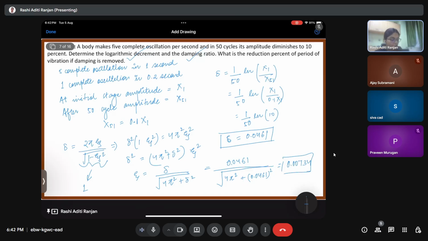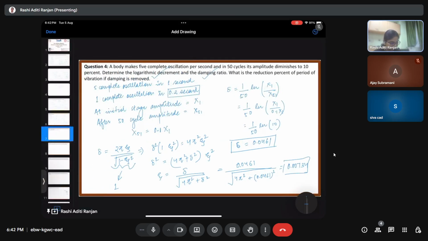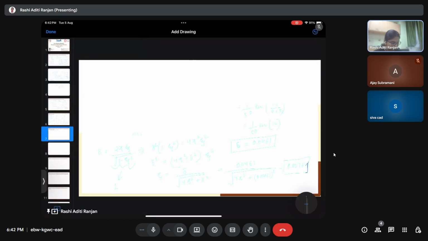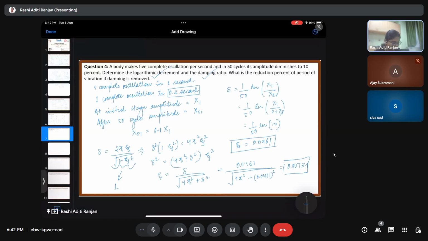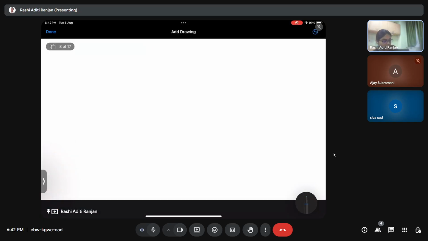What we have to find out is the period of vibration after we remove the damping. For that, we know that omega d is omega n into the root of 1 minus eta square.